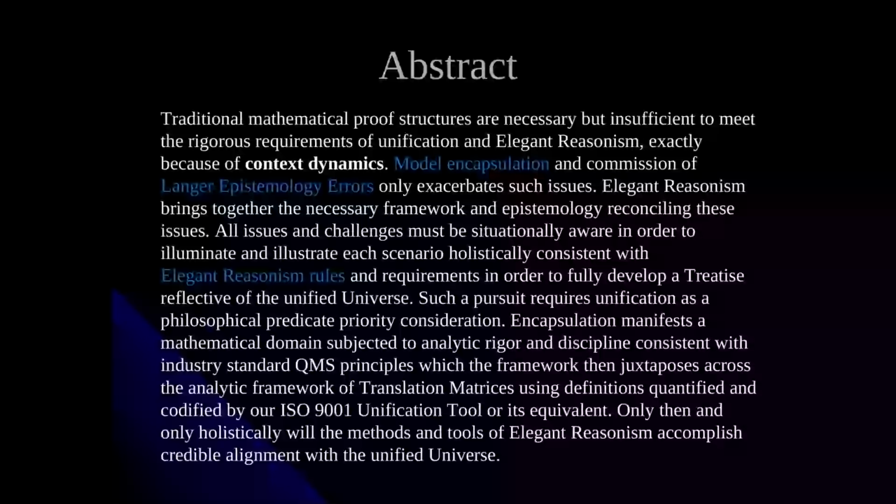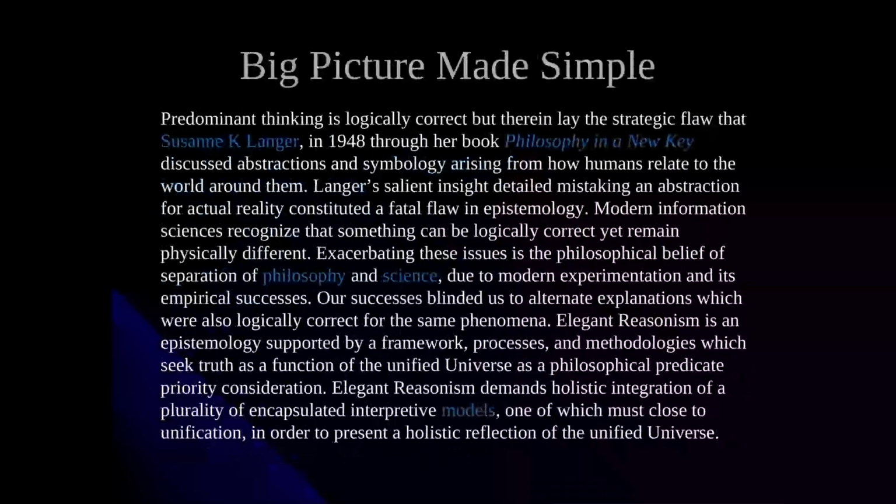The big picture here is essentially that predominant thinking is logically correct, but therein lay the strategic flaw discussed in Langer's 1948 book, Philosophy in a New Key, in the sense that humans and human physiology intrinsically produce abstractions in order for us to relate to the world around us.